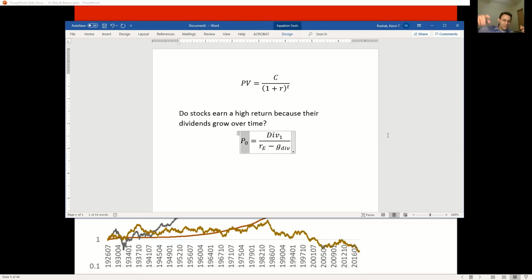Investors already know the dividends are going to grow, the cash flows are going to grow, so it's already in the price. It doesn't mean that the price is going to grow going forward. That's what I mean when I say that the growth in the cash flows is picked up by G, and R is something separate. We need to be able to think about R as a separate thing.